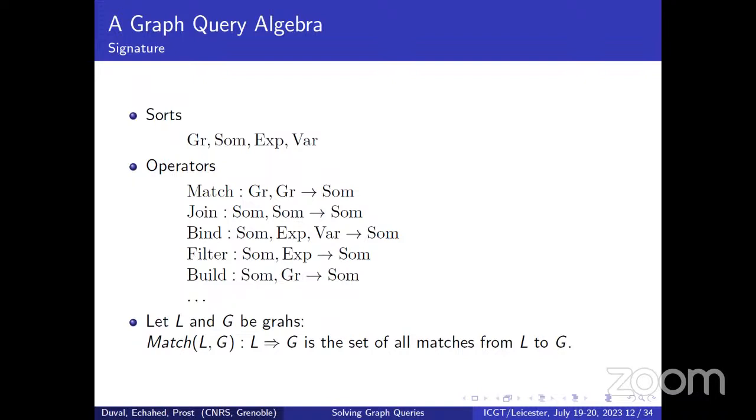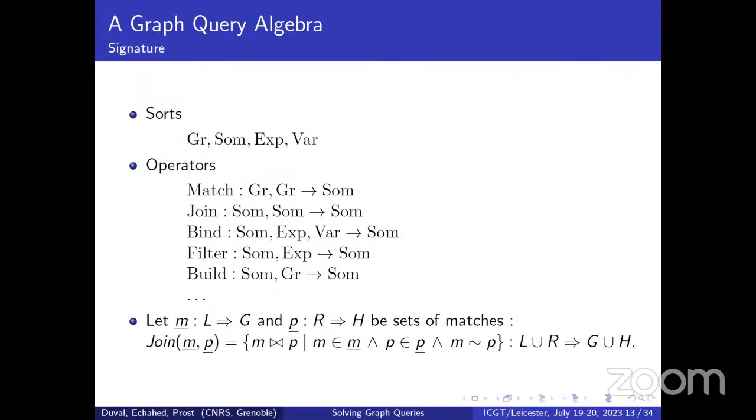Match of graph L and G is the set of all matches from L to G, and the join of two sets of homomorphisms is a set of homomorphisms which coincide on the intersection.